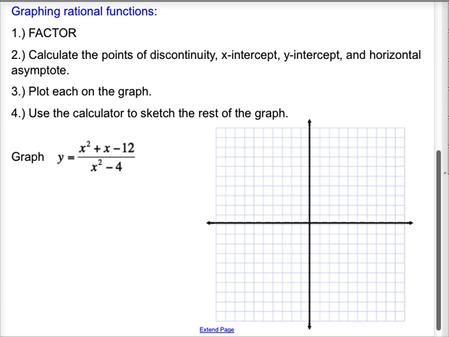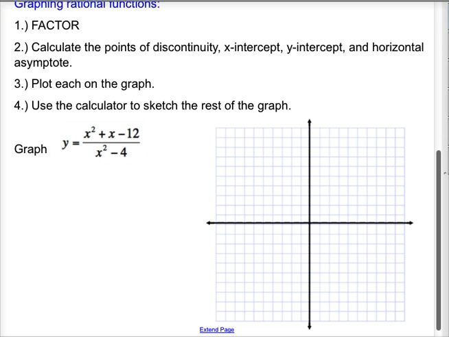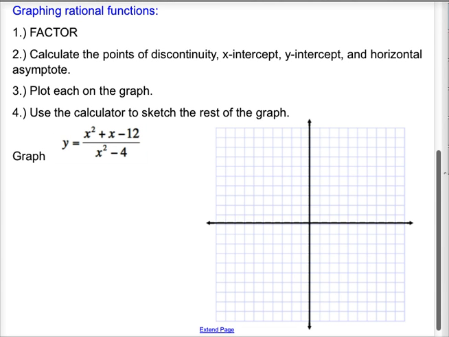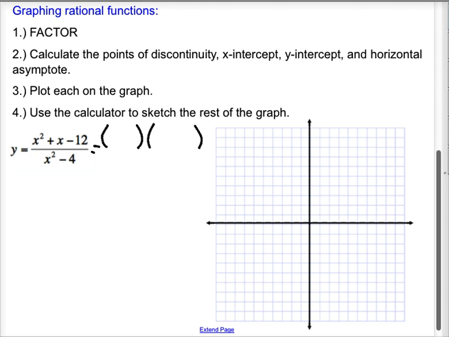So the first thing we need to do is factor everything. I am going to move this over so I can factor this. On top, I'm getting x plus 4, x minus 3.